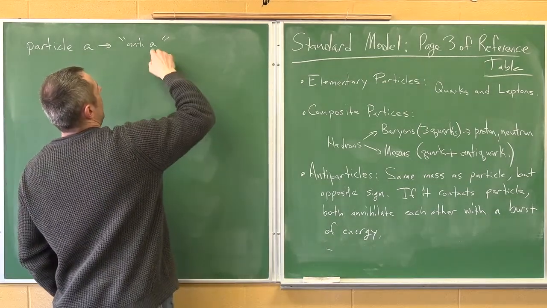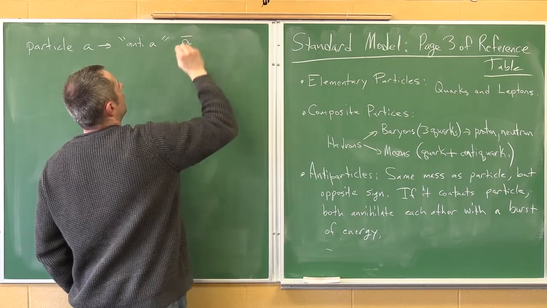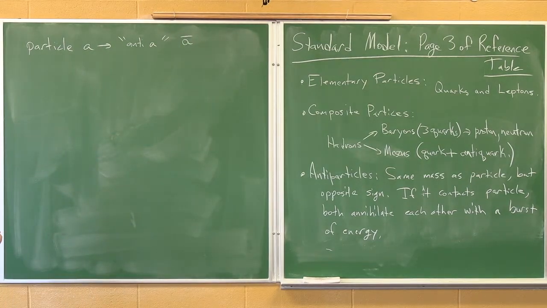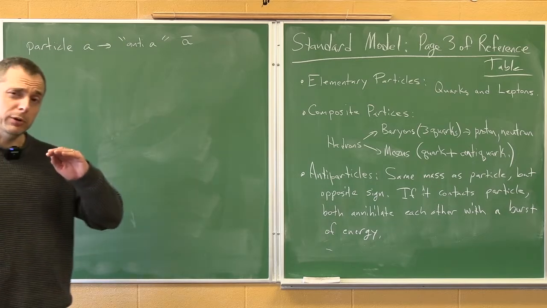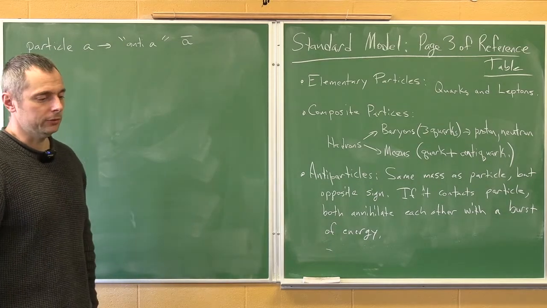We would write that as a symbol by putting a bar over A. That means it's the antiparticle of A. So for any particle, put a bar over it. That's the symbol for the antiparticle.